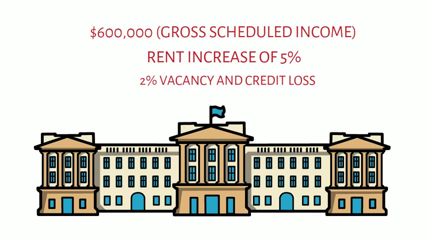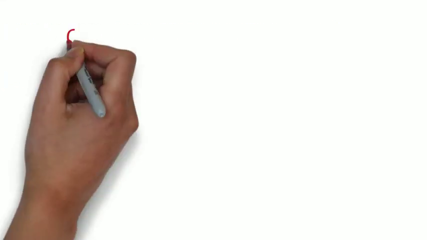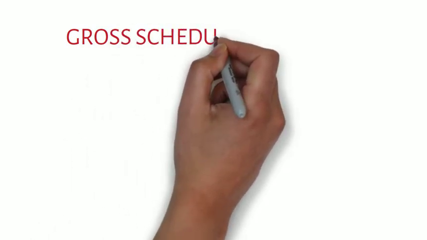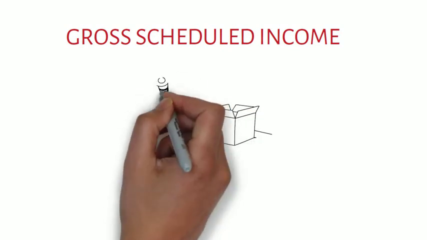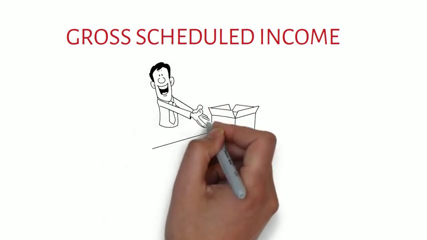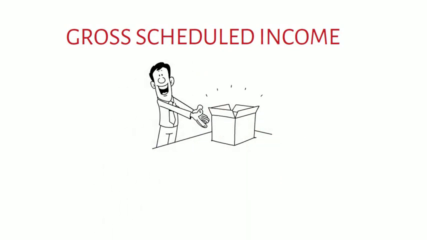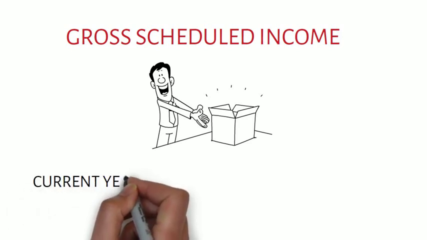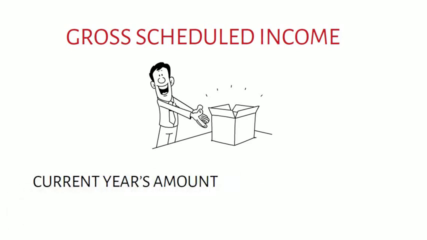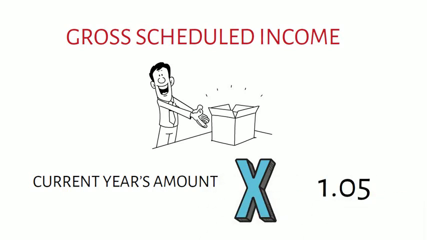Now, to determine this, we anticipate the loss first by calculating the gross scheduled income. If you are expecting 5% more in lease that year, take the current year's amount and multiply it by 1.05, which is the current amount multiplied by 1 plus 5% more.